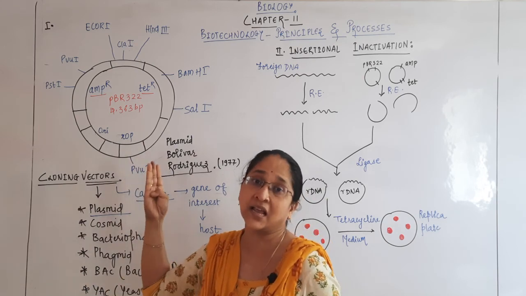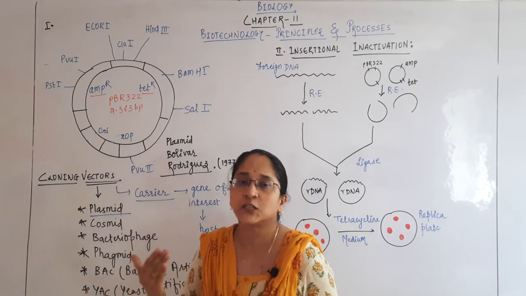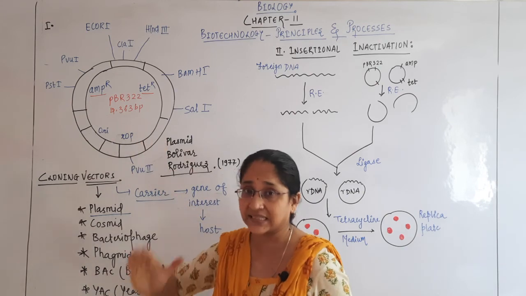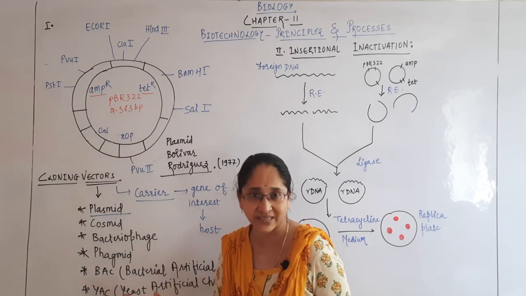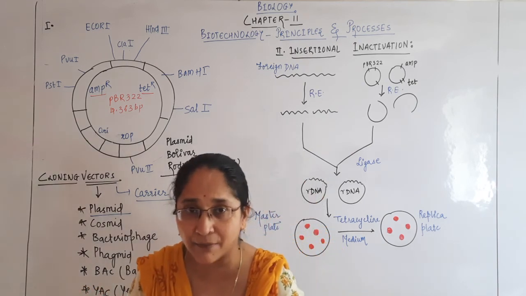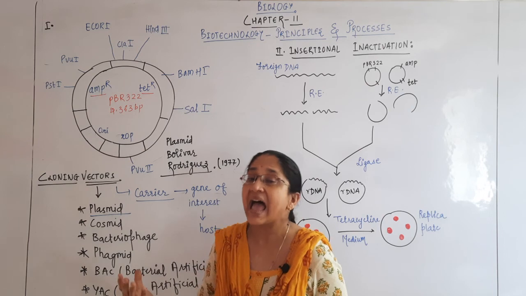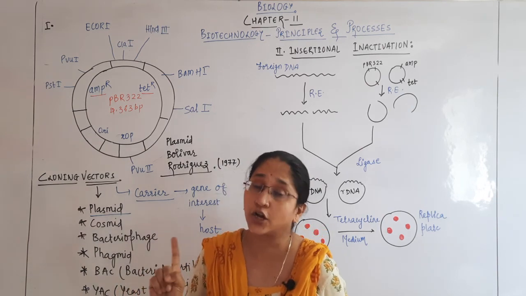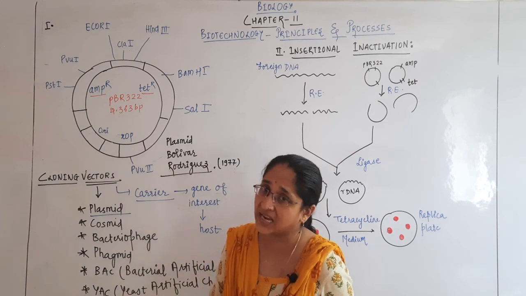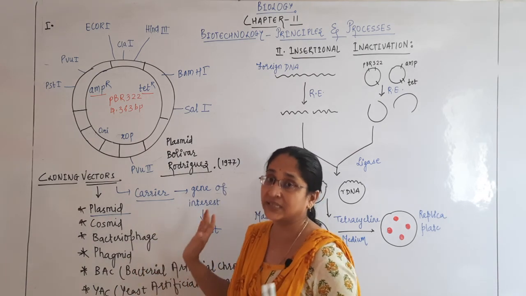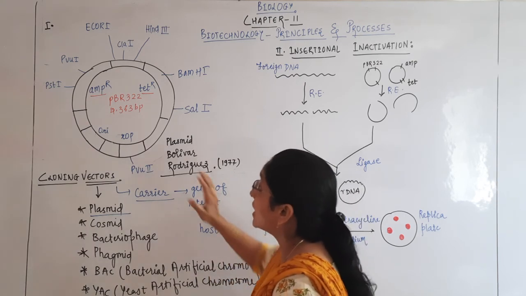This plasmid confers special characteristics to the bacteria by giving it resistance against ampicillin and tetracycline. It means that if you grow this bacteria on a medium which contains ampicillin and tetracycline, these antibiotics will not inhibit the growth of the bacteria. Bacteria will grow proficiently in this medium as it is resistant to both antibiotics.